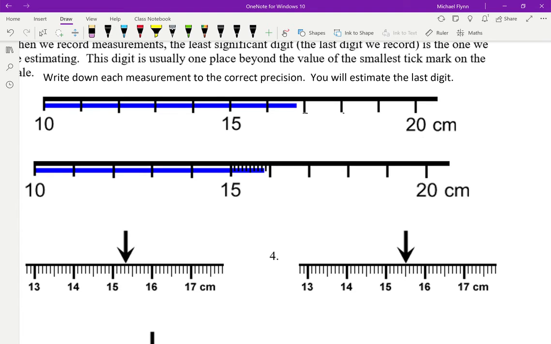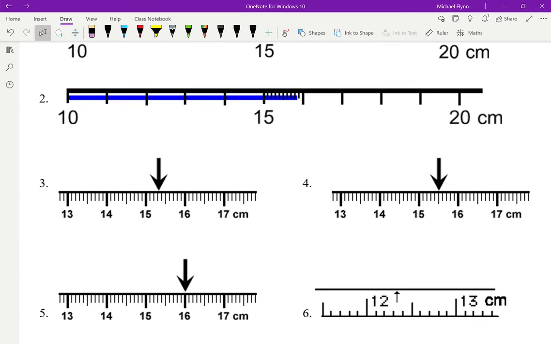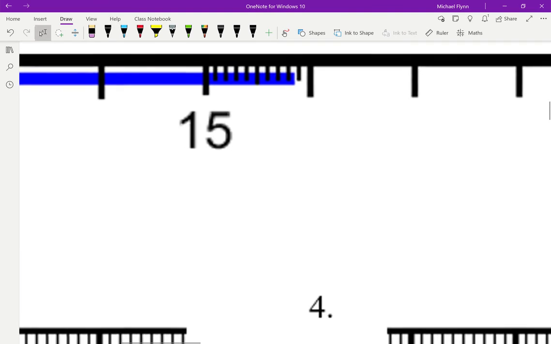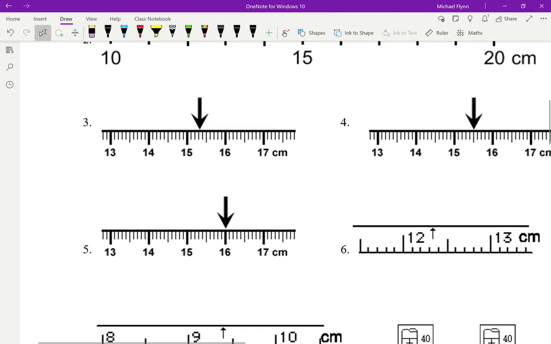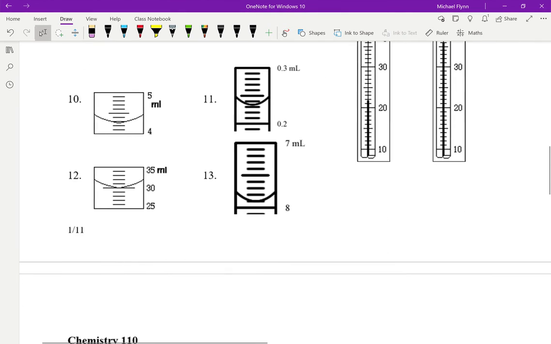So you read 1 more decimal, so this would be 16.8, let's say. You're estimating that last digit. Now in the next example, you have some tick marks in between, and so this would be 15.85 or something like that. So you can actually read just past that last tick mark.